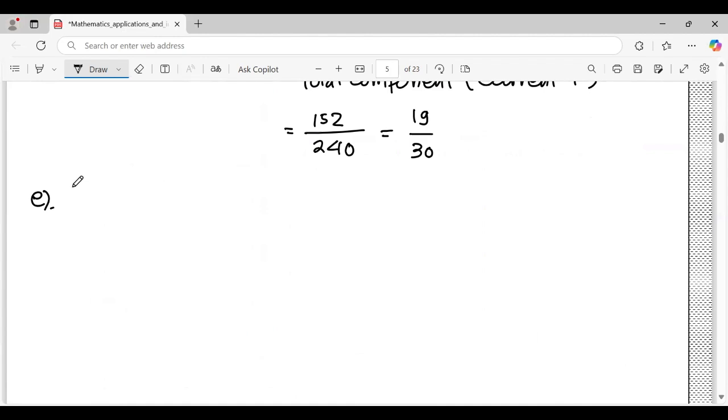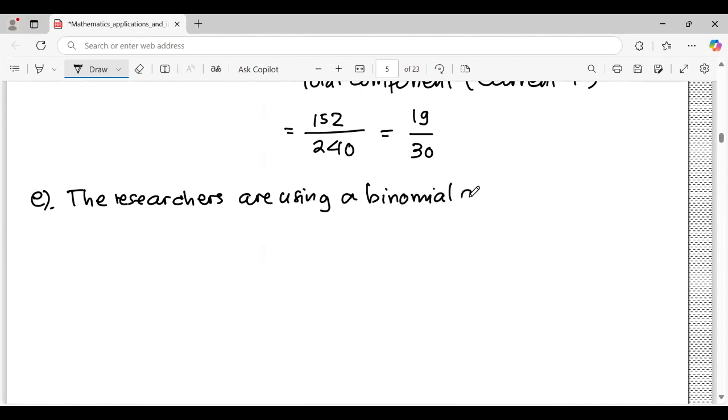So I'm going to write my opinion about this question. The researchers are using a binomial distribution. Okay, I'm going to write first.